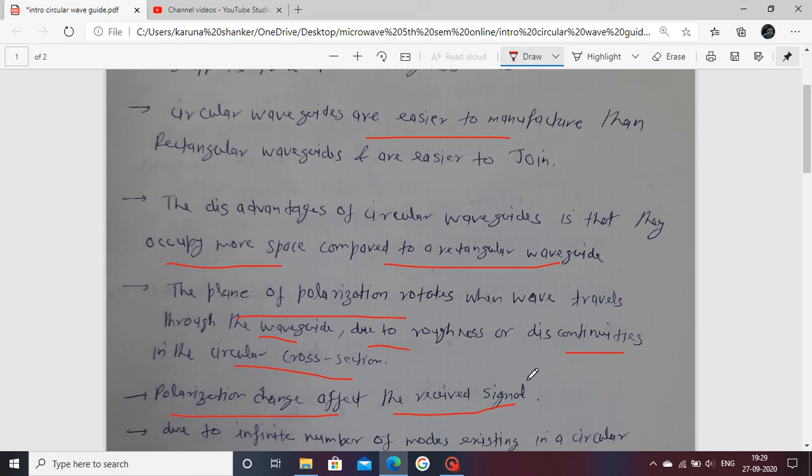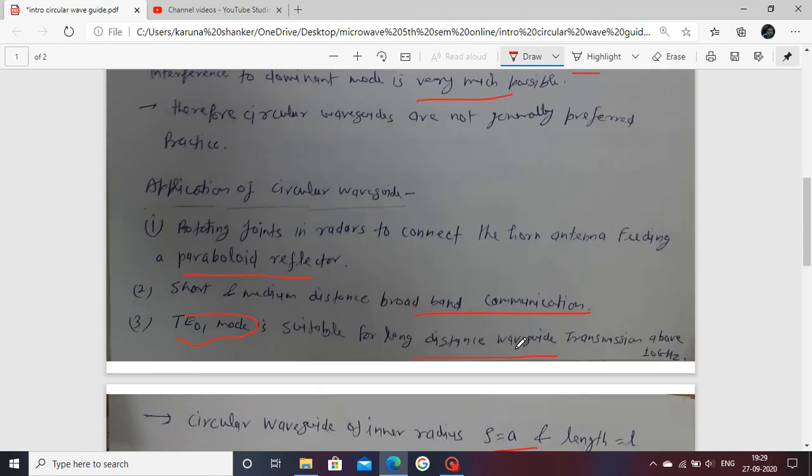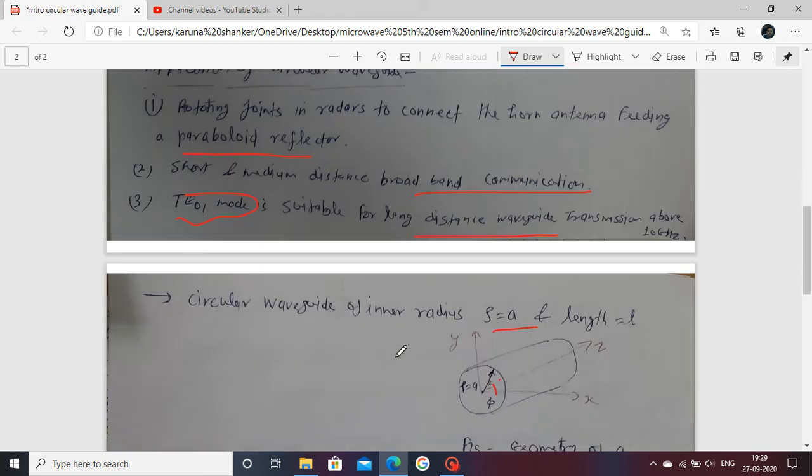Polarization change affects the receiver signal. Also, the dominant mode is interfered with by the infinite number of modes supported by the circular waveguide. Applications: feeding of horn antennas and parabolic reflectors. It is also used in short and medium distance broadband communication. The TE01 mode is suitable for long distance communication.